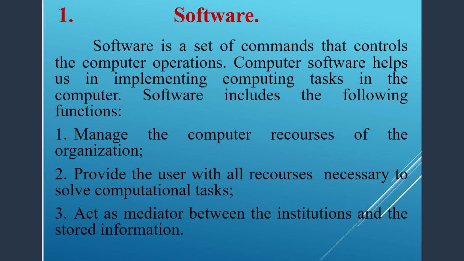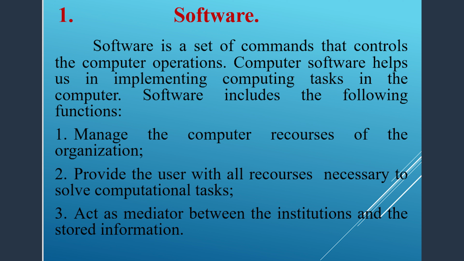Software includes the following functions: manage the computer resources of the organization, provide the user with all resources necessary to solve computational tasks, and act between users and the stored information.